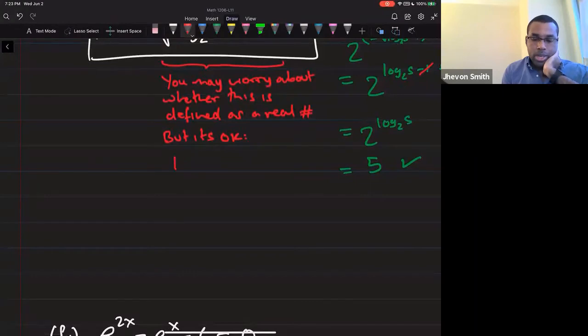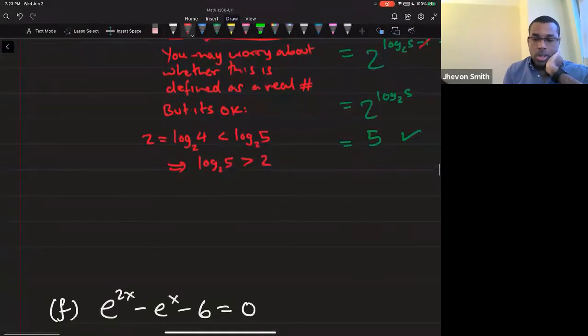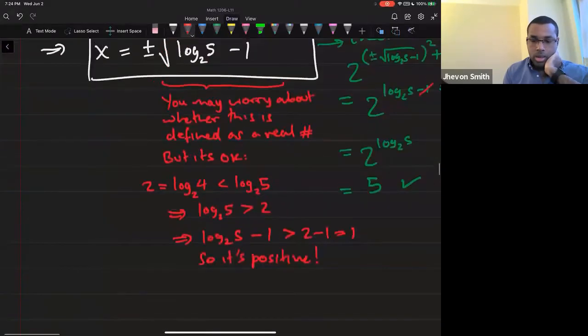So I know that, for example, log to the base 2 of 4 would be less than log to the base 2 of 5. And I know that log to the base 2 of 4 is 2. So this means that log to the base 2 of 5 is bigger than 2. And so my log to the base 2 of 5 minus 1 is actually bigger than 2 minus 1, which is 1. So it's definitely positive. So it's not an issue.